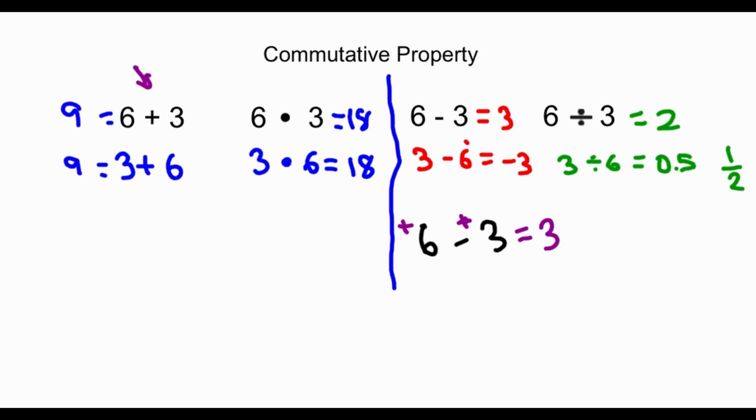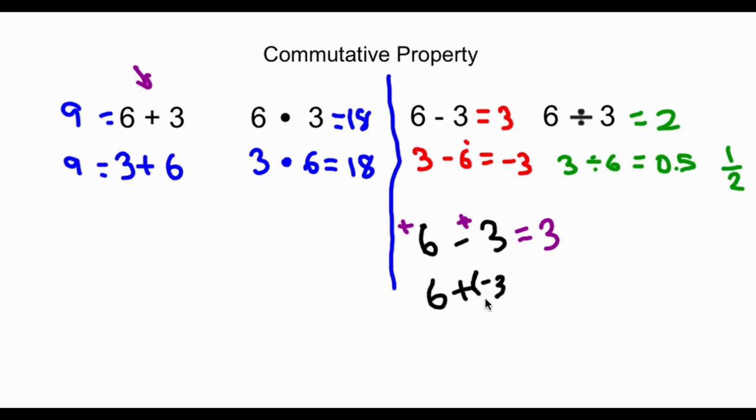Now, if we keep the 6 the same, as positive 6, what we could do is swap the subtraction with the addition. Instead of having subtraction, we make this operation addition, and that minus becomes the negative value of the 3.